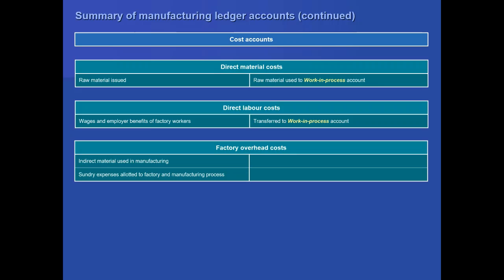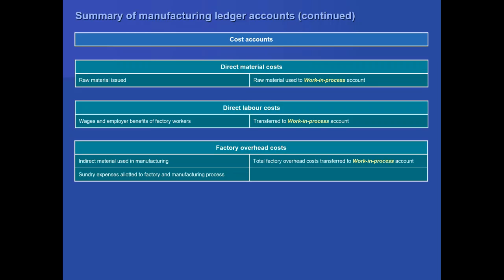You could have a water account for the water portion. You can have an insurance account for the insurance. You could have depreciation for depreciation on factory equipment, etc. All those accounts we will list underneath each other on the debit side as we transfer it from the respective nominal accounts to the factory overhead cost account.